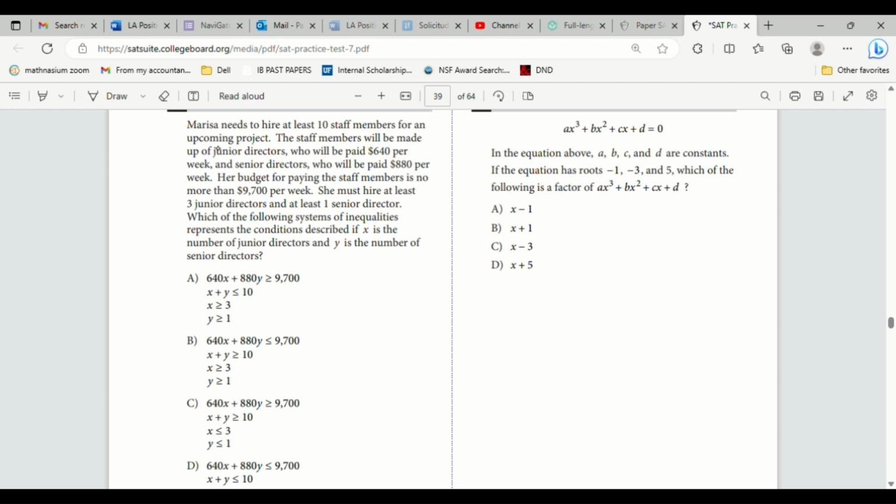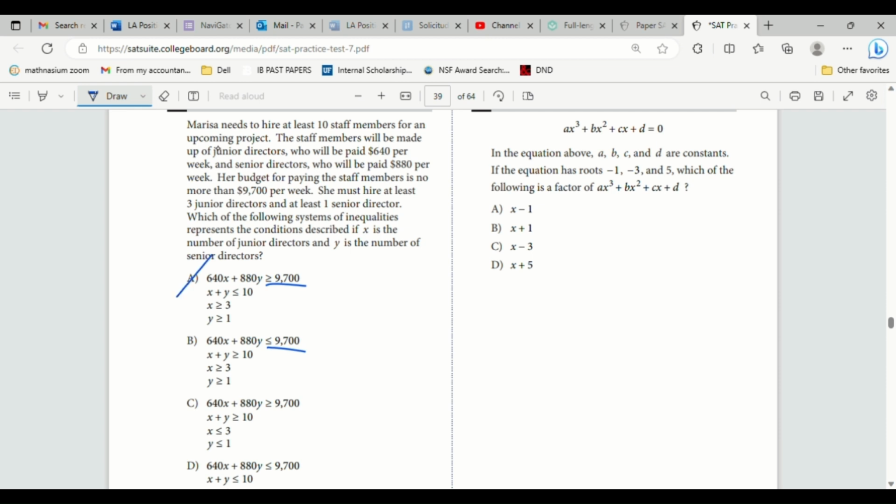So first we need to figure out which is true: greater than or equal to 9,700 or less than or equal to 9,700, as seen in the answer choices. So her budget is no more than, which means the 9,700 must be on the greater than side.